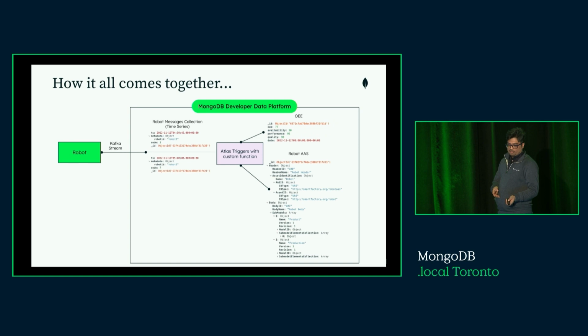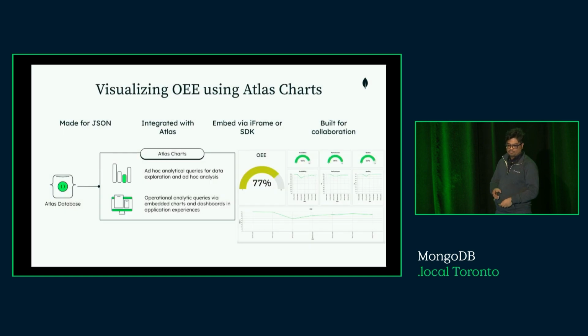So looking at our final architecture. And before that, we have to visualize this data because we have modeled it, we have done our calculations, transformed it, updated the collections. Now we have to visualize the final results, right? So MongoDB Atlas Charts can be used here, and it's the best way to visualize MongoDB data because it's built for the document model, and visualizing JSON data is so much easier.